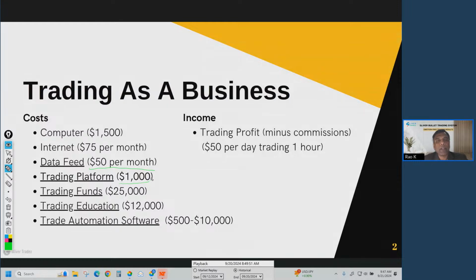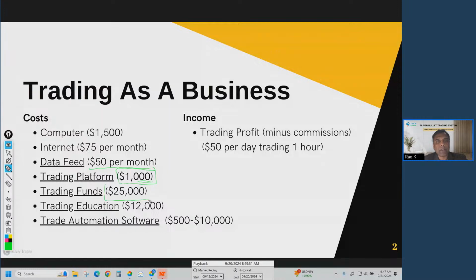So the trading platform that we recommend costs one-time fee of $1,000. There are other trading platforms which could cost you anywhere from $70 to $90 per month, but what we use is $1,000 one time. So I've taken that as the cost of the business.